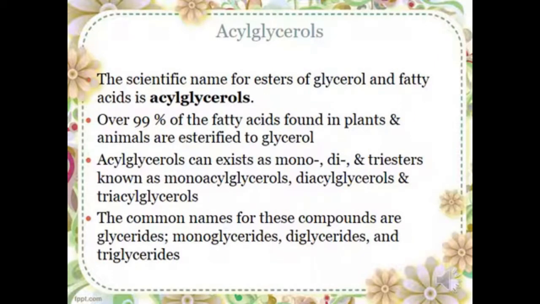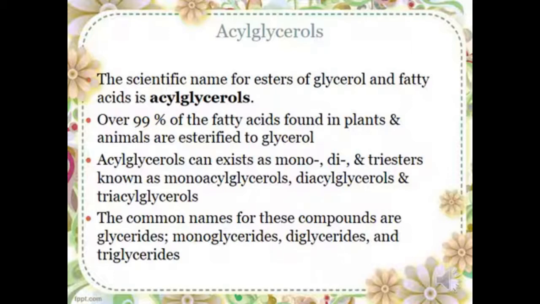Now, the scientific name for an ester of glycerol attached with fatty acid is acylglycerols. Over 99% of fatty acids found in plants and animals are in esterified form to glycerol.